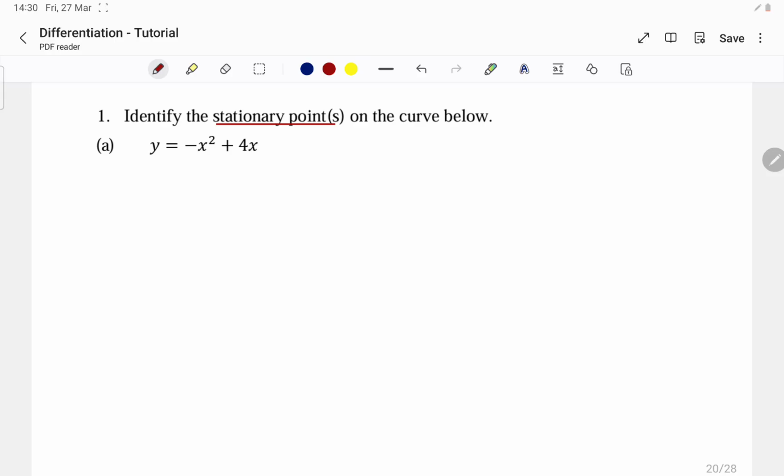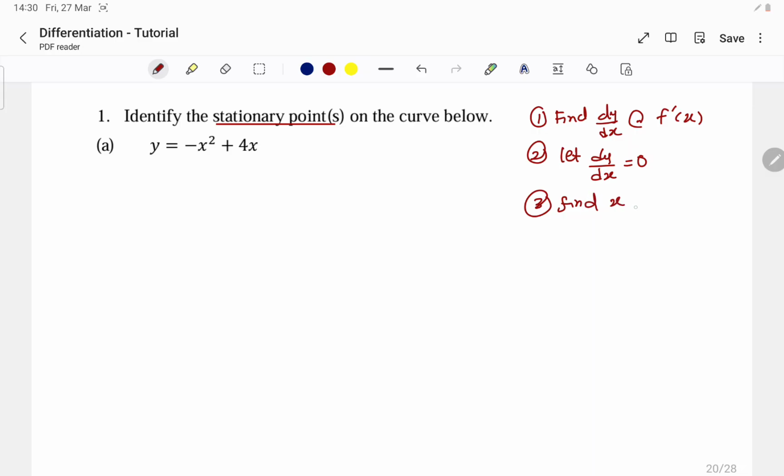Okay, so the first step is what you guys have to do when you want to find the stationary point. They give us y or f(x), right? You first find dy/dx or f'(x). After that you let them become 0, and then you find x from that.